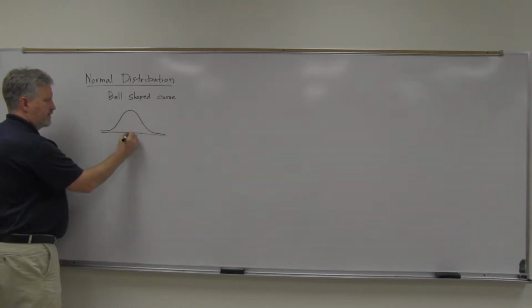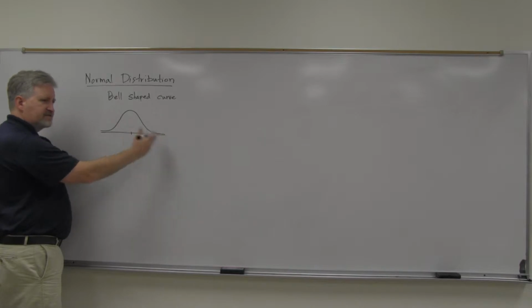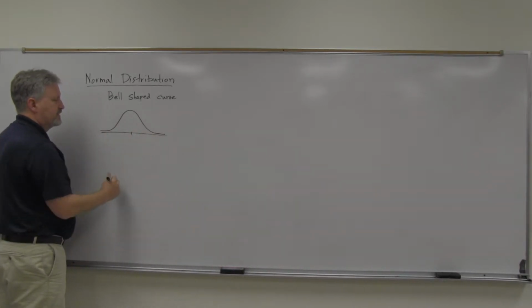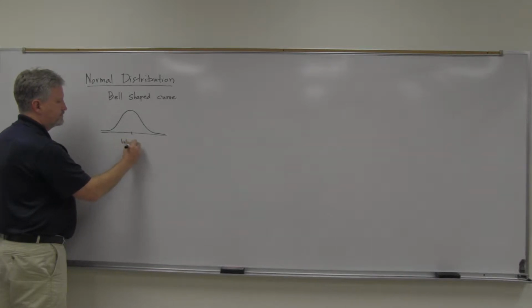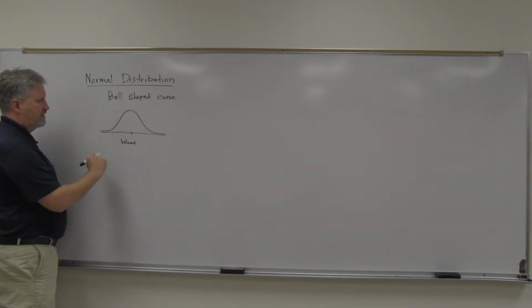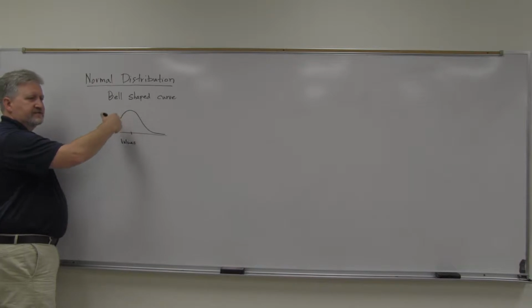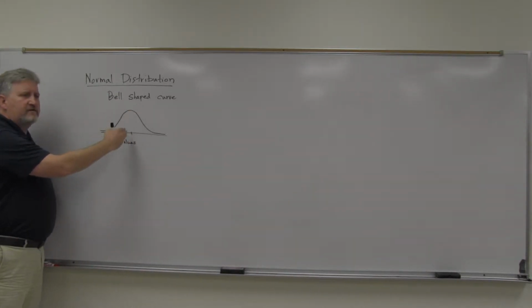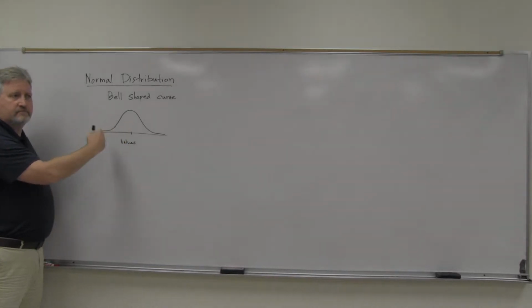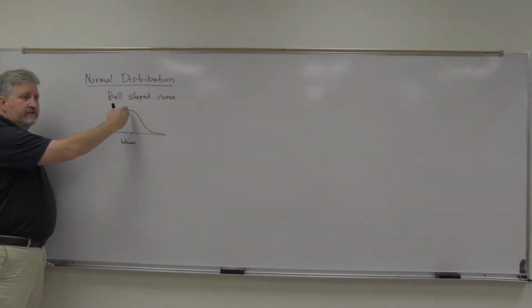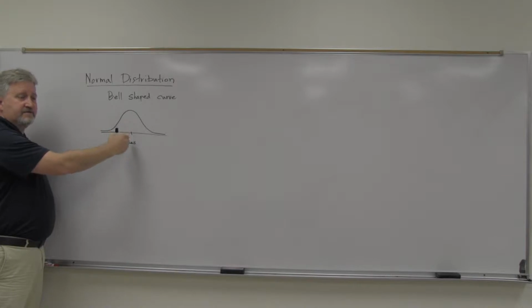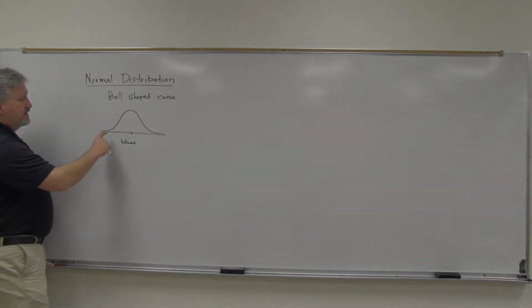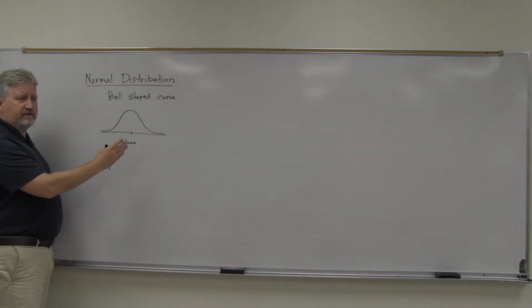Along the x-axis, you're graphing the values, whatever they are, and then their frequencies. So what this is showing me is the values here in the middle are occurring most frequently. Matter of fact, the very middle is the most frequent. We'll talk more about that in just a second, but you kind of hopefully get the idea here.